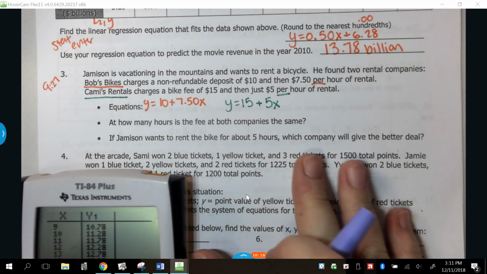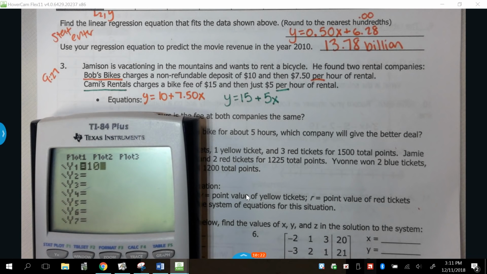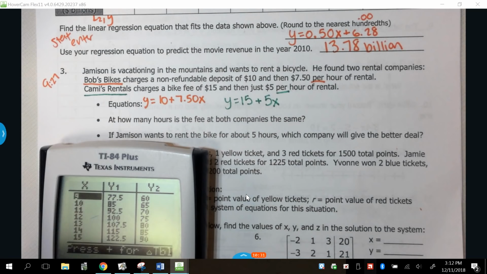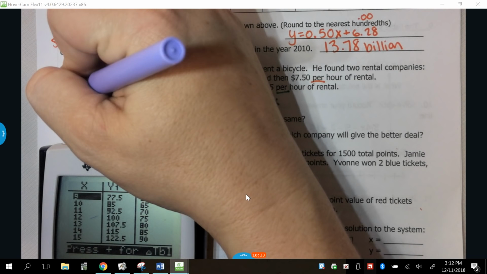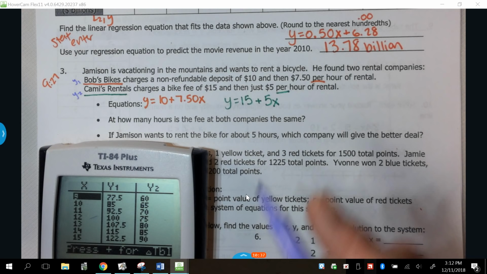So let's type those two equations in. So I'm going to do 10 plus 7.50x, and then y2 I'm going to do 15 plus 5x. Second graph, so I'm going to realize that we put Bob's Bikes in y1, Cammie's Rentals in y2. How many hours is the fee the same?